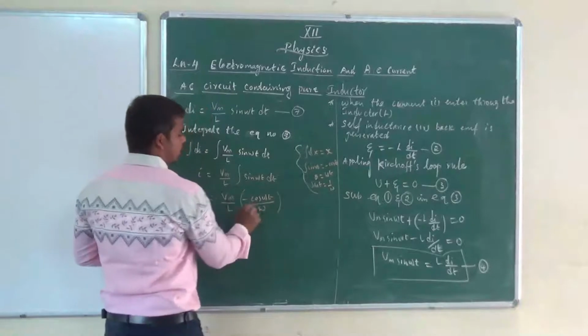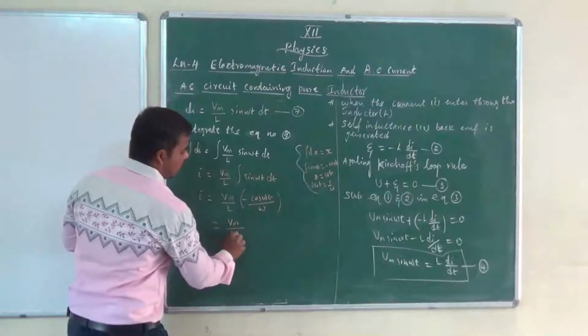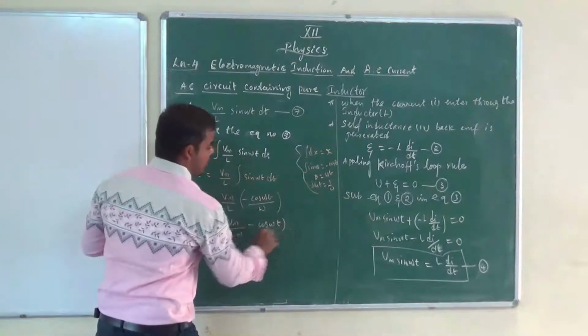So Vm by L, integration of sin omega t gives minus cos omega t, and then omega t gives omega. So here Vm by L omega is constant, and the rest of the factor is cos omega t.